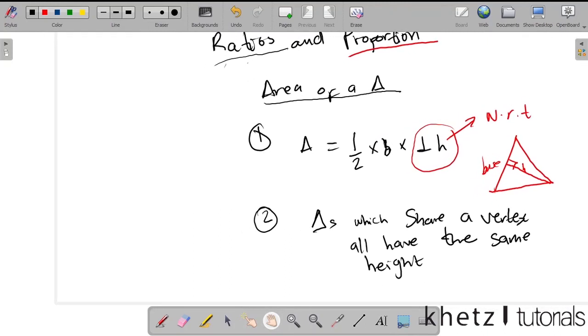Now I'm going to explain this second part. Let's say we have a vertex here, A. A vertex is basically just a point or a corner. So if you have triangles, and I'm going to use different colors to show the different triangles, say something like that. This looks terrible, but I hope you get the point.